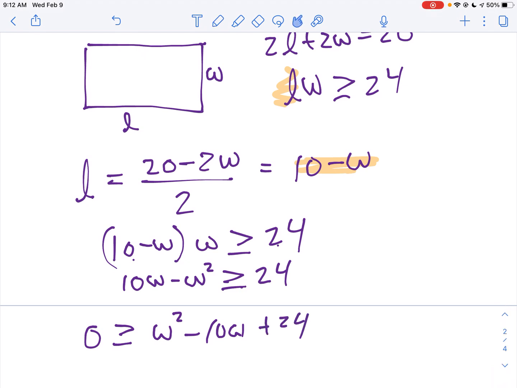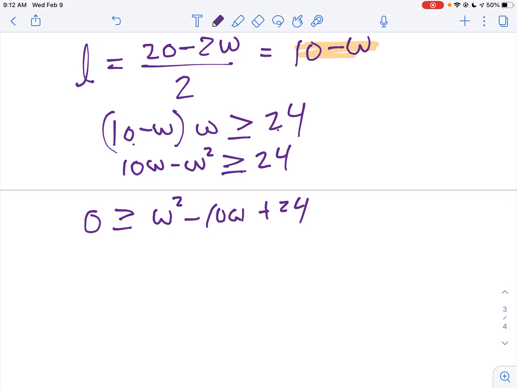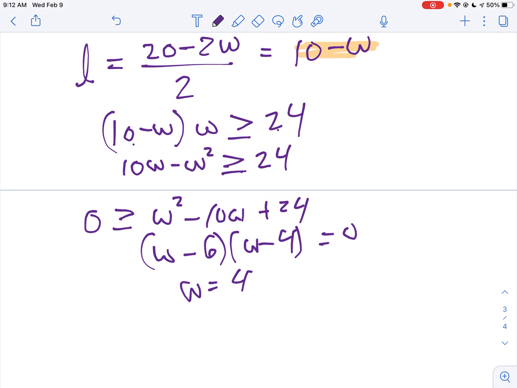I can factor that one to find the zeros, can't I? So I'm going to say w minus 6 and w minus 4 would be my related functions. My zeros are w equals 4 and 6.